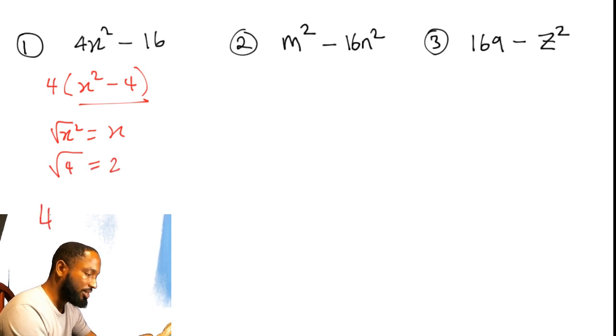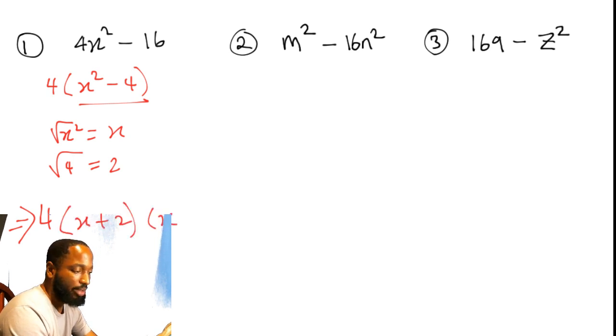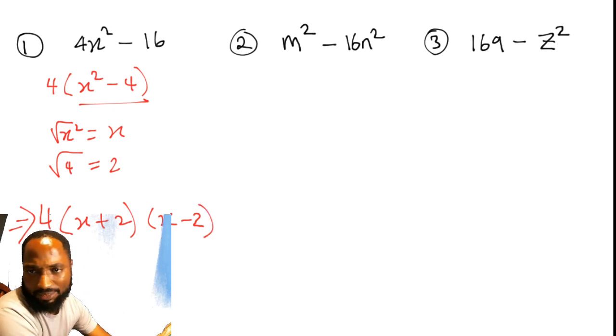So this is going to be equal to 4 by x plus 2 and x minus 2, which is the answer that Marcia has there. So that's that.